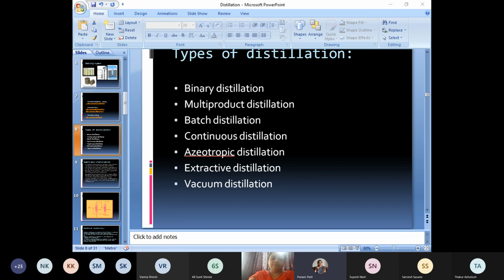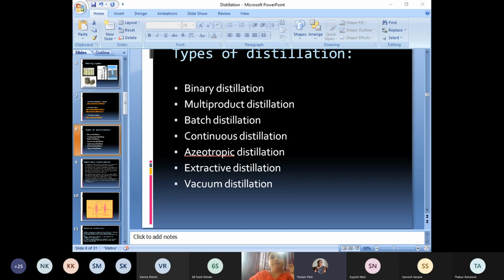There are two reasons. One reason is that the mixture is an azeotrope. What do you mean by azeotrope? For example, if you consider two chemicals, and when those chemicals are added in a particular proportion, it forms a third mixture, and that third mixture is called an azeotrope.